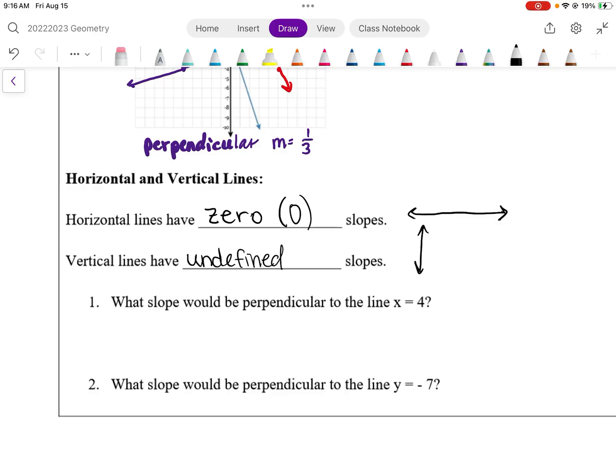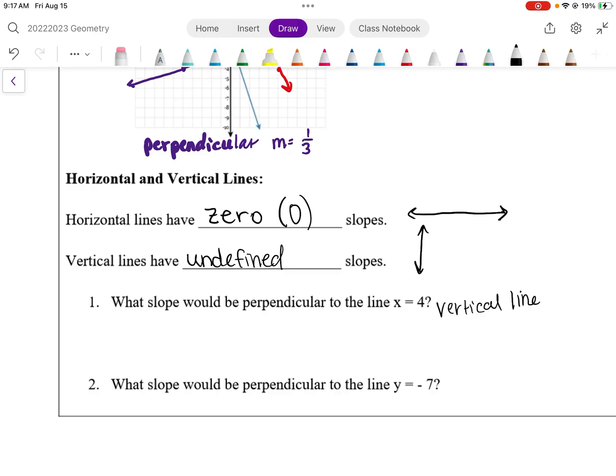So number 1, what slope would be perpendicular to the line x equals 4? So if you remember on a coordinate plane, if my line is x equals 4, that means it's going to be a vertical line that crosses the x-axis at 4. So this x equals 4 is a vertical line.